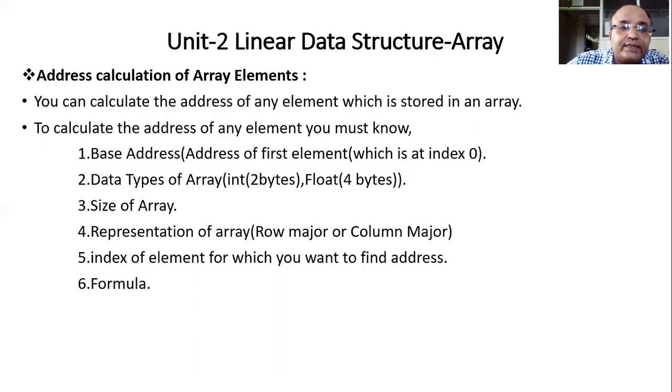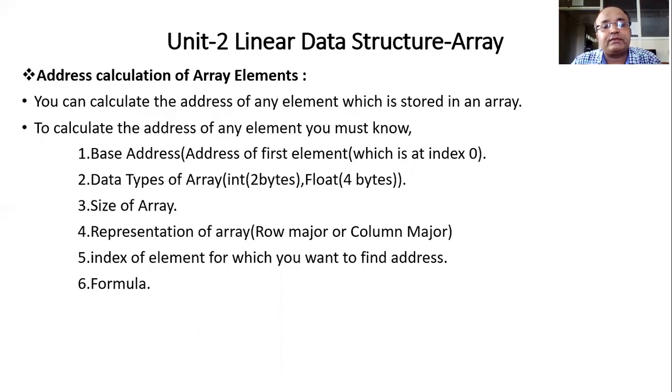Second, you must know the data type of the array. Whatever array you take in your example, you must know its data type, either integer or float. Based on the data type, we can identify that each element will occupy this much amount of bytes. If you have declared an integer type array, it will occupy 2 bytes.